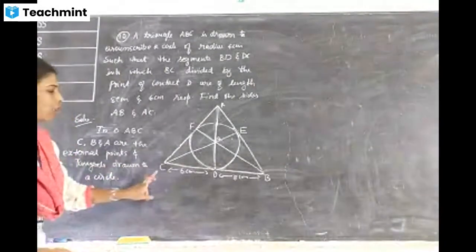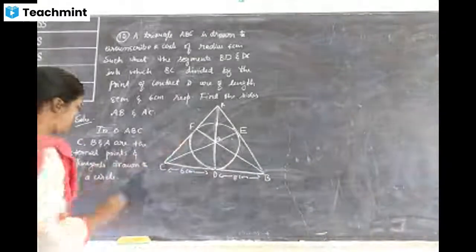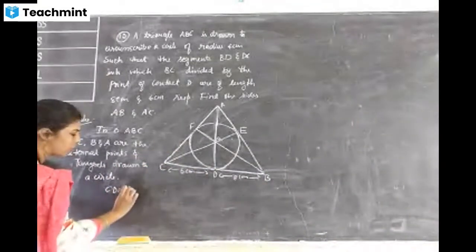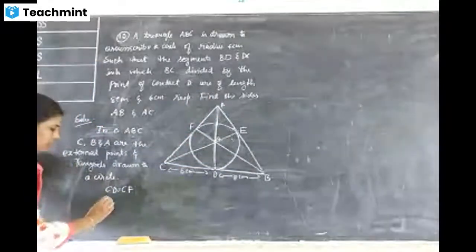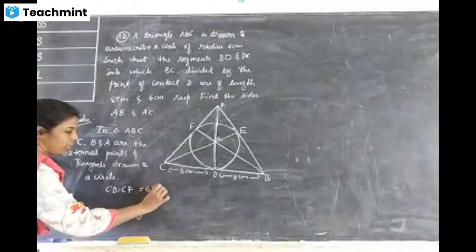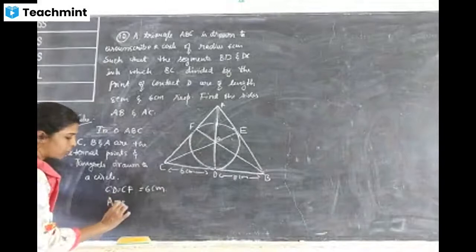Which are the tangents? CD equal to CF, equation 1. AF is equal to AE. CD becomes 6 centimeter only.